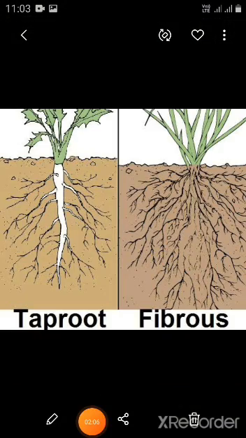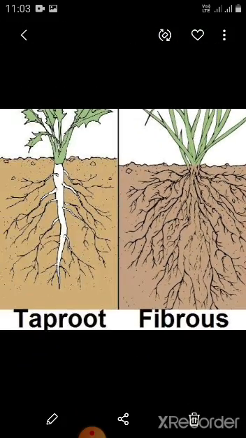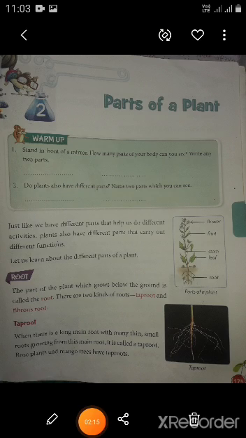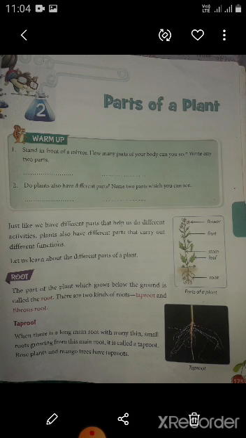See here, students, this is a picture of taproot and this one is fibrous root. When there is a long main root with many thin small roots growing from this main root, it is called a taproot.